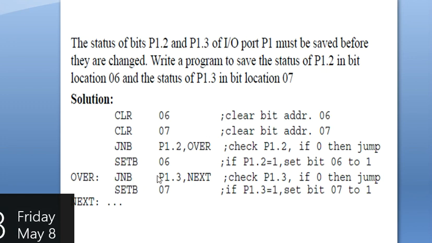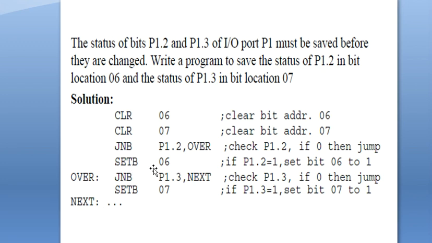Then JNB P1.3, then it will jump to the next, right? So this is where it will be taken, right? If it is 1, then it will be set: SETB 06, in the sense the 06 location will be set to 1, right?